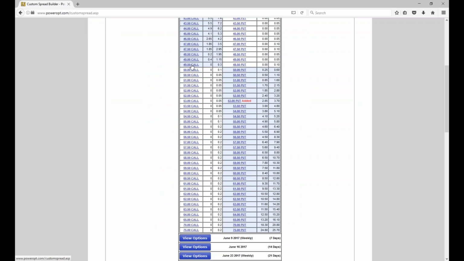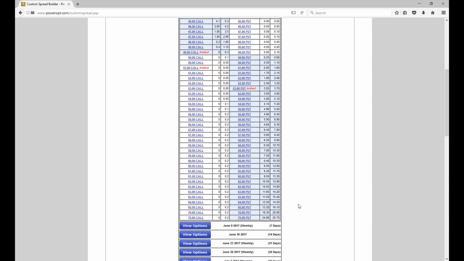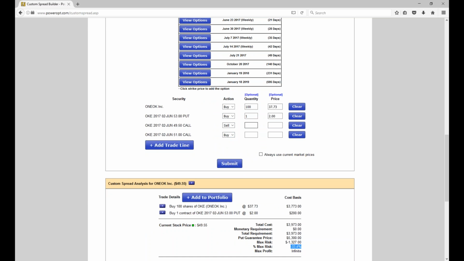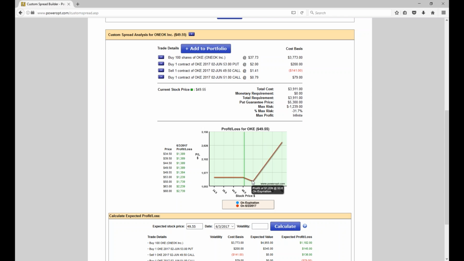So we sold to open the 49.50 calls and bought to open the 51 calls, at 141 and 79. So we sold the at the money for 141 and we bought the out of the money for 79. Okay. Let's go ahead and submit that. All right, the stock closed today at 49.55. Here's your position. Got a little hiccup on the spread.